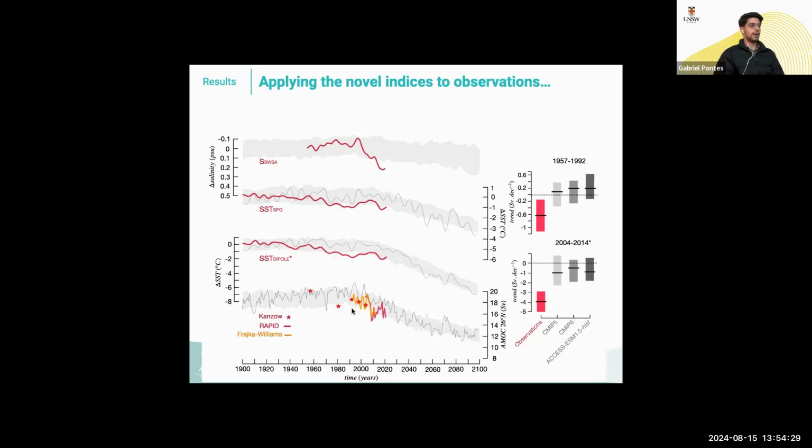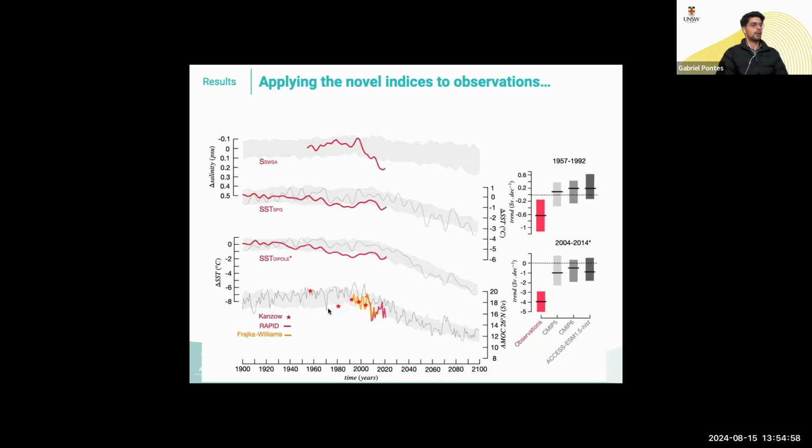And when we go to the AMOC trends, here also the red is just observations again, from different studies. So here we've got the stars from CANSOL, the red lines, just the recent RAPID array, and the orange line is the satellite altimetry reconstruction for the AMOC.